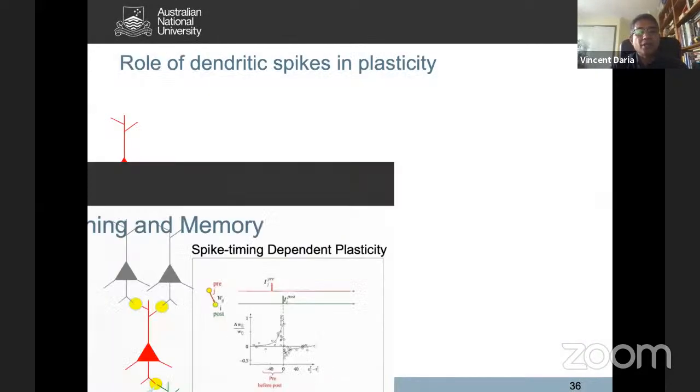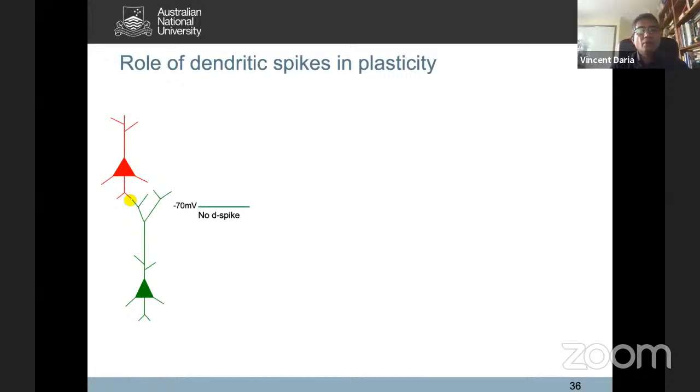So, what are the implications? What is the role of the dendritic spike in plasticity? Okay, so if this neuron here fires an action potential, it drives this neuron. Note that during our experiments, one input here is just a small blip.